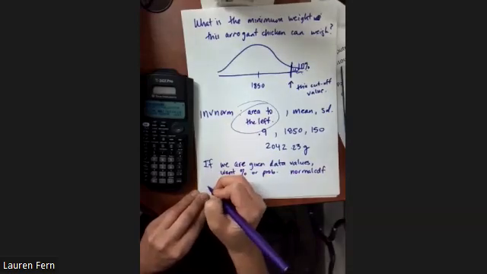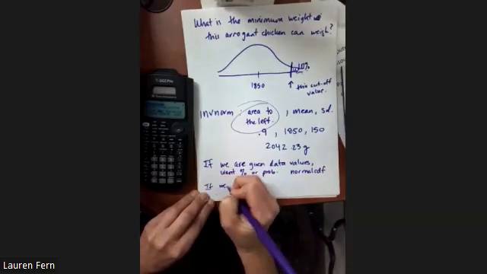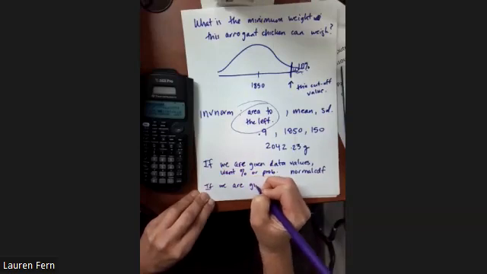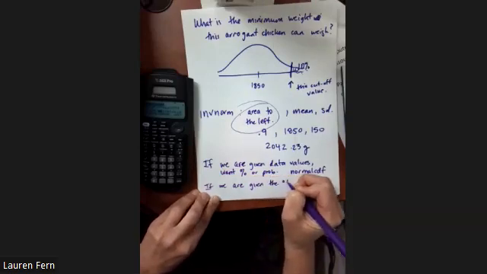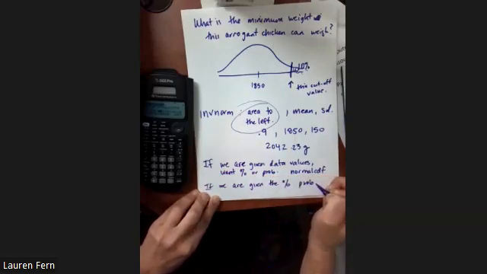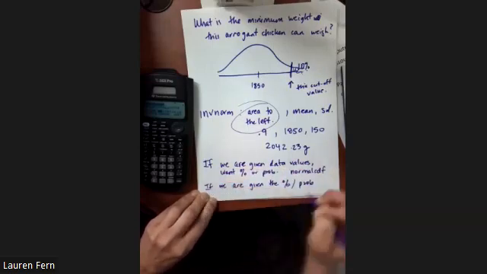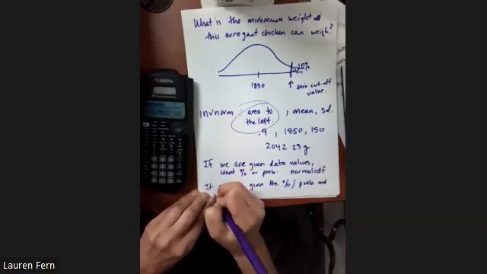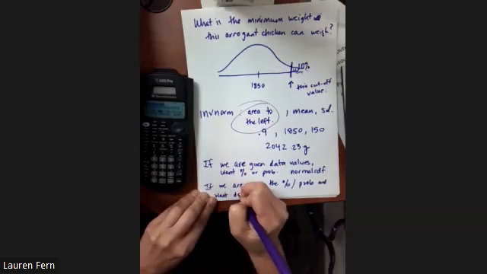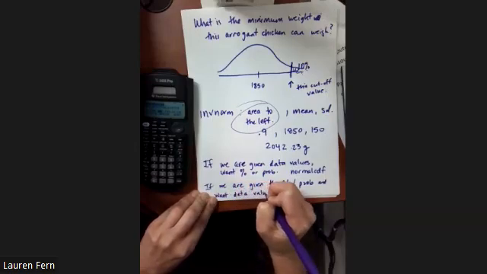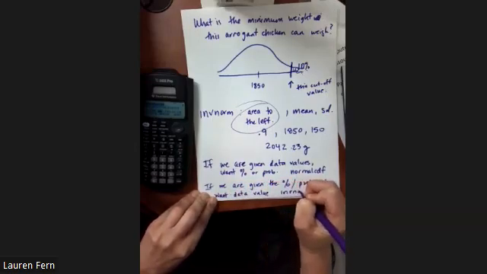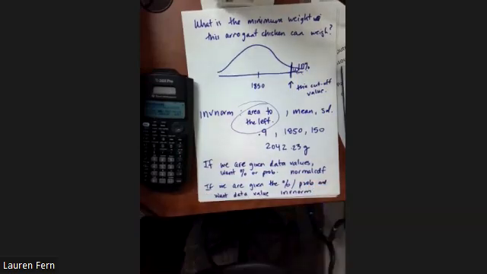On the other hand, if we are given the percent or probability and want the data value, you use the inverse norm. Isn't it great that you get a sheet of paper with notes so that you can not have that extra cognitive thing on you?